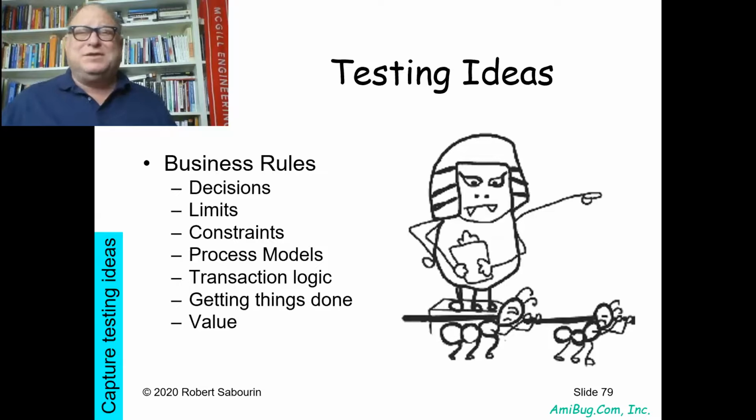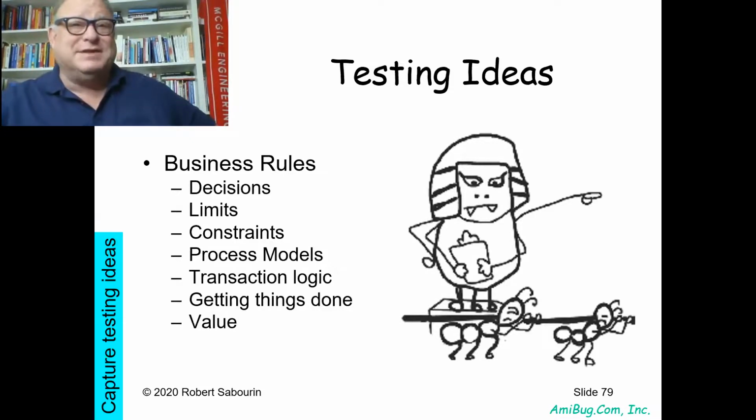So business rules, very important part of testing. I would say that, in fact, if you're in the financial services industry, it's key, because the business rules are not just logic in software, it's value to business. And it's a competitive advantage too. If one insurance company's business rules are more clever than another's, they're going to make more money on the business.